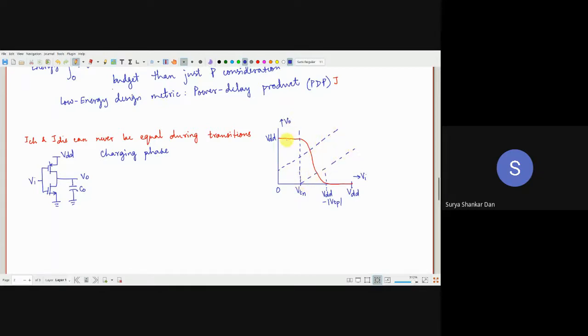So what are the regions we got? This is region 1, 2, 3, 4, and 5.